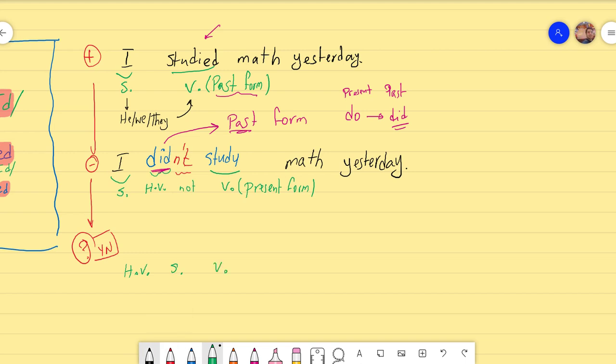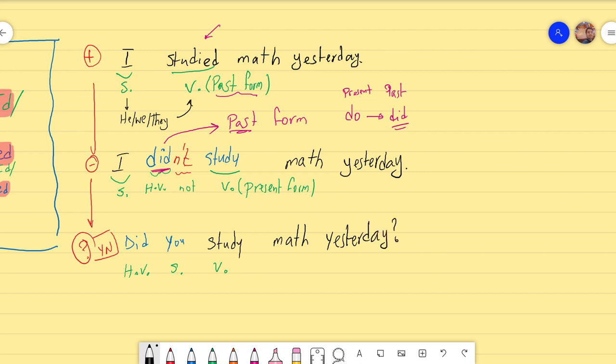So that means we change these two, and we don't need not in the question anymore. So we say, did you, she, they study math yesterday?